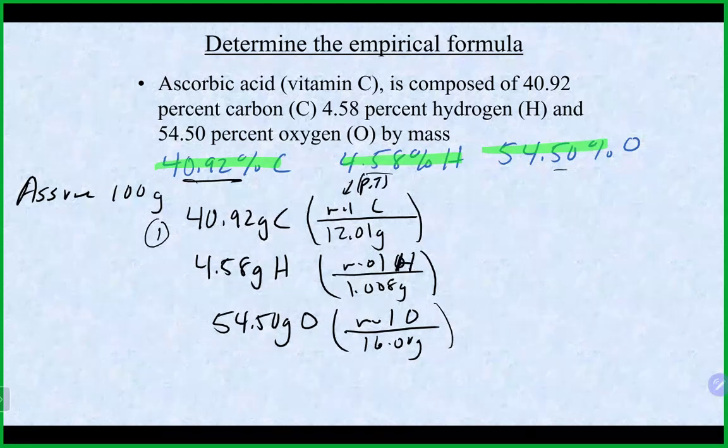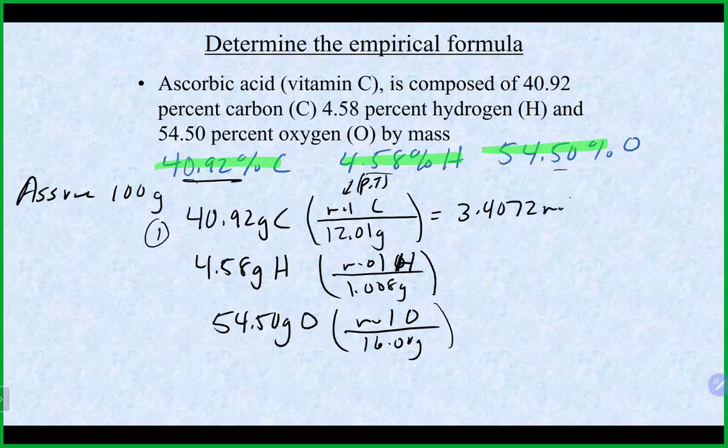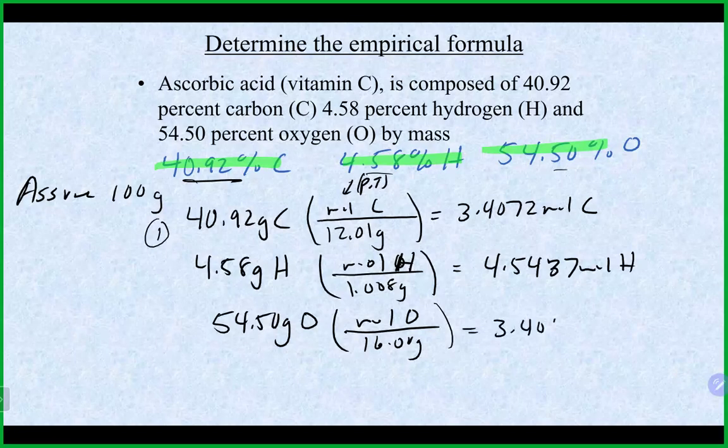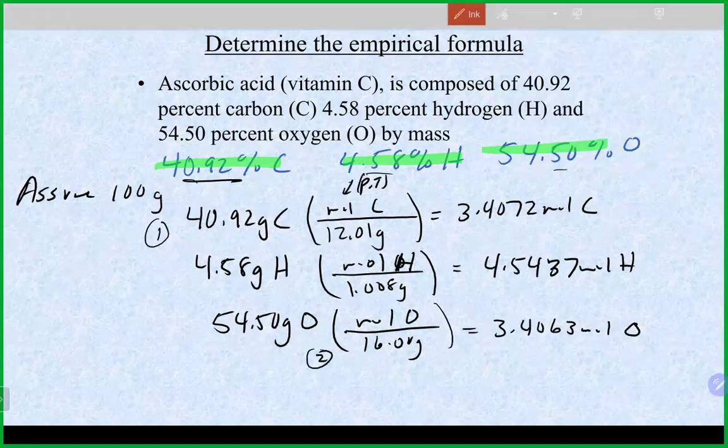So we take 40.92 divided by 12.01, which gets us 3.4072 moles of carbon. We take 4.58 divided by 1.008, which gets us 4.5437 moles of hydrogen. And lastly, 54.5 divided by 16 gets us 3.4063 moles of oxygen. Again, this is our second step, to convert everybody into moles. Any questions on that so far?